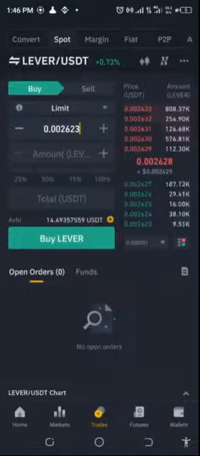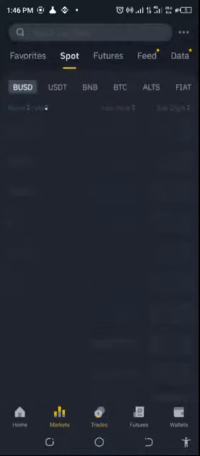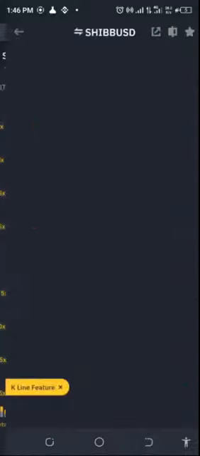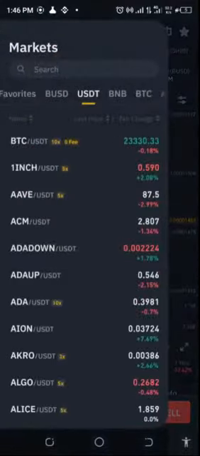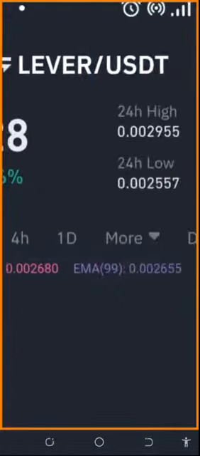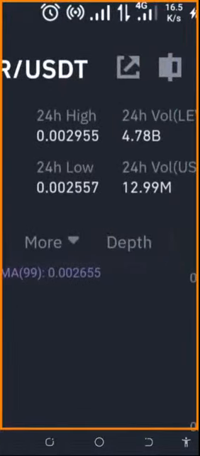Then we're going to reduce this amount. Let's go back and check the high and low again. Let's just choose any coin and then change it to lever USDT. What we have here, if you check very well, is 2628, but we're not going to buy at that price.